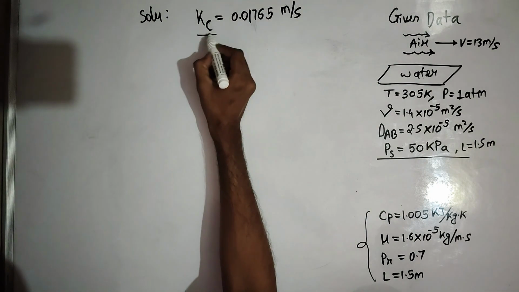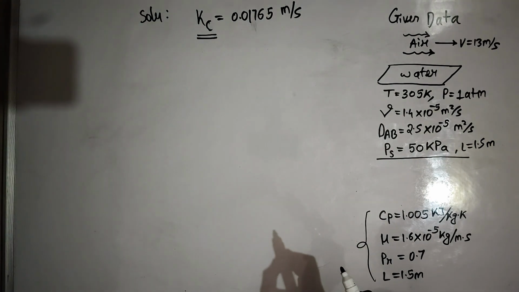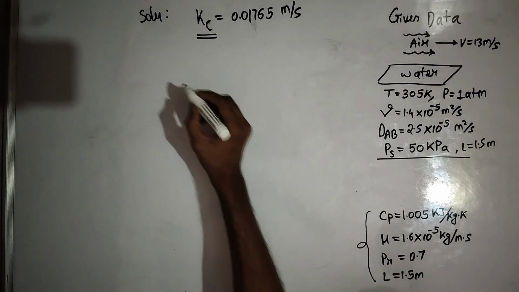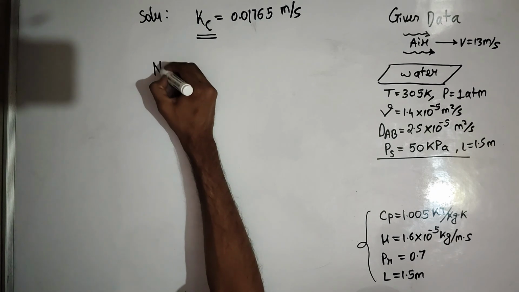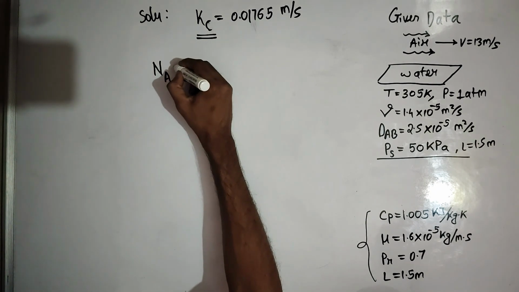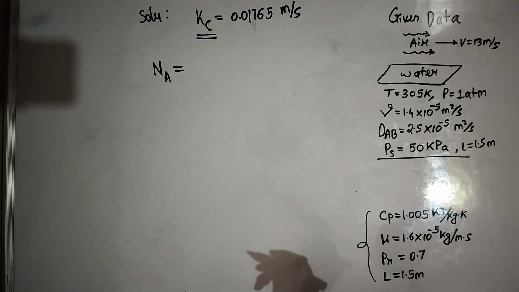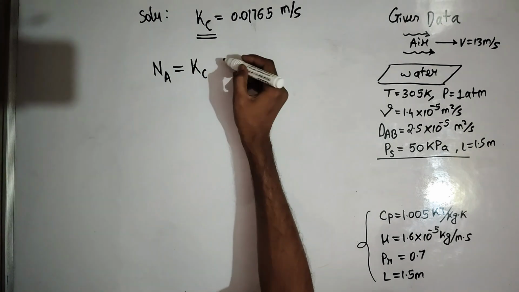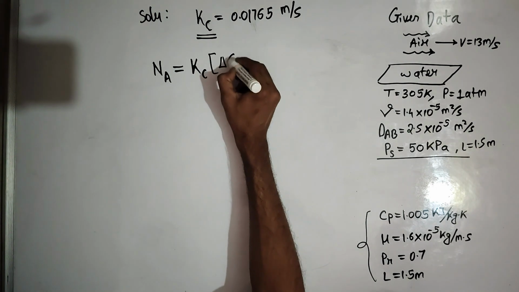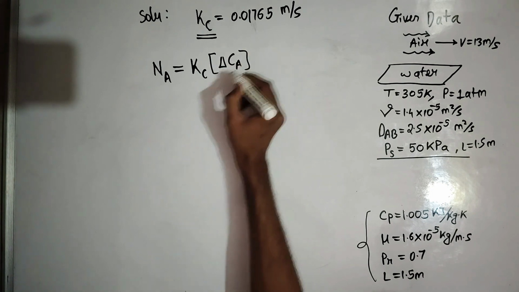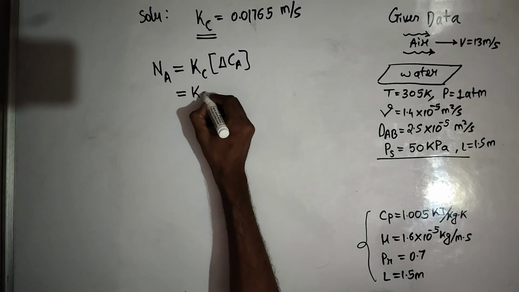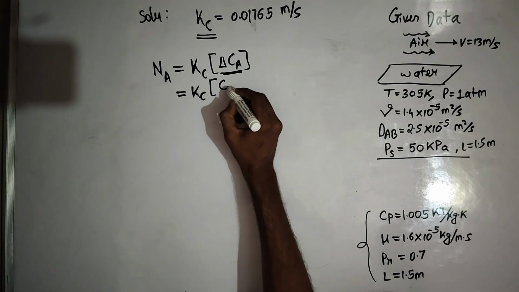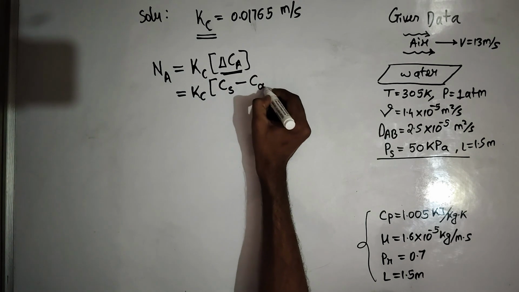Now that we have calculated the mass transfer coefficient, we have to calculate the total water loss per hour per meter width of the plate. To do that, we will calculate the molar rate of water moving out of the surface into the air, which is given by Na equals Kc into delta CA. Here delta CA is written as Cs minus C infinity.